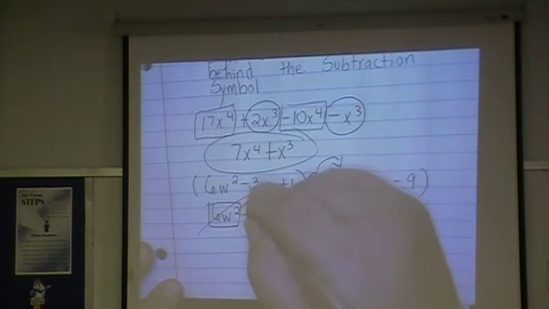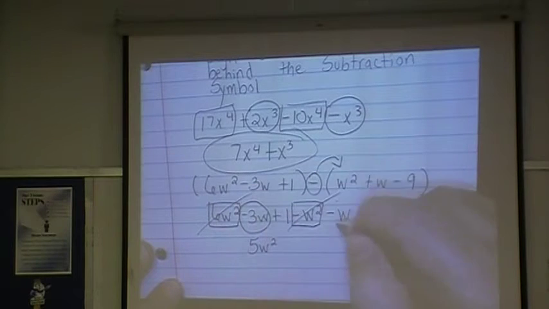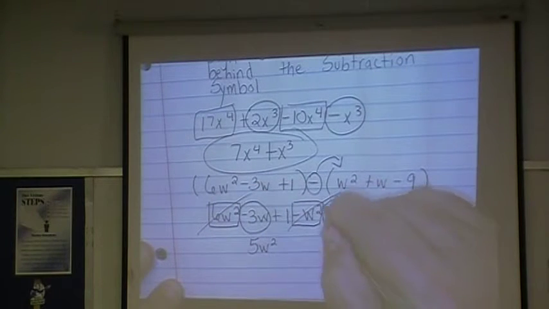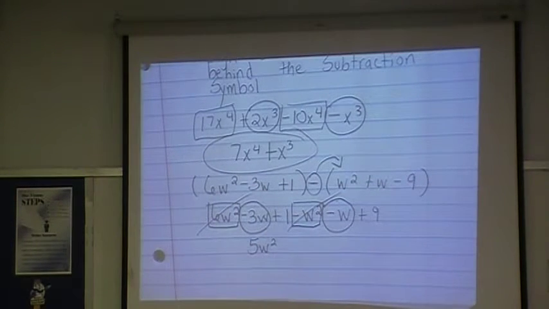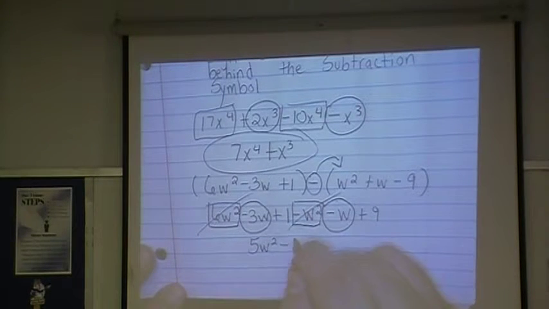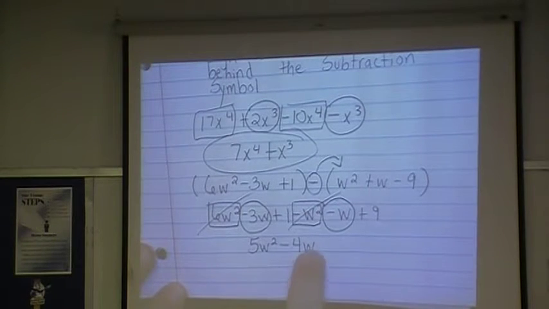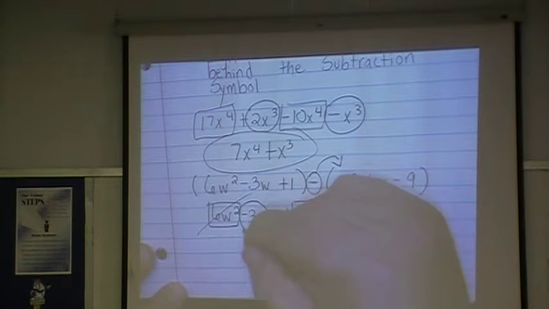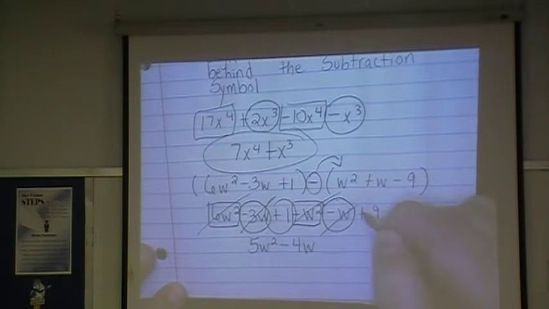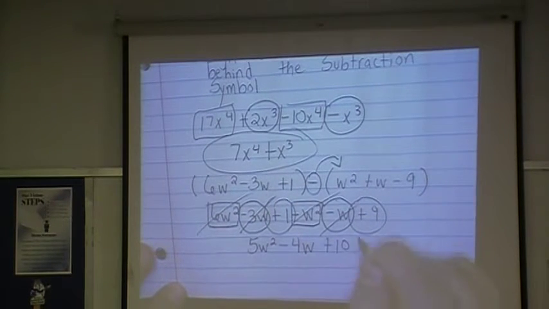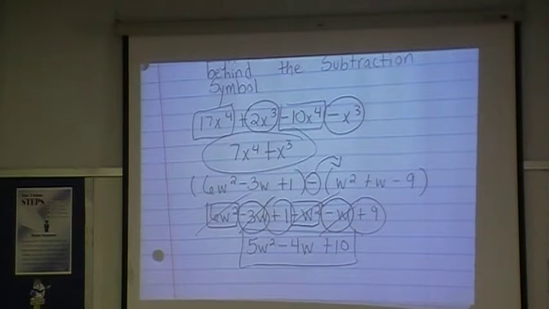I have a negative 3w and a negative w, well, negative 3 and negative 1 is negative 4w. Don't forget your variable. It's got to go with it. And then 1 and 9 is 10.